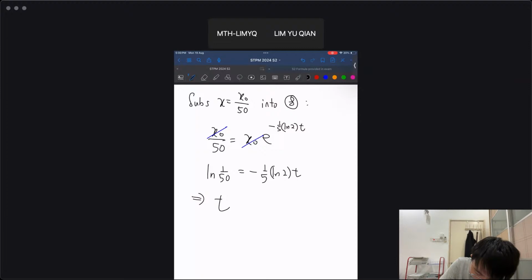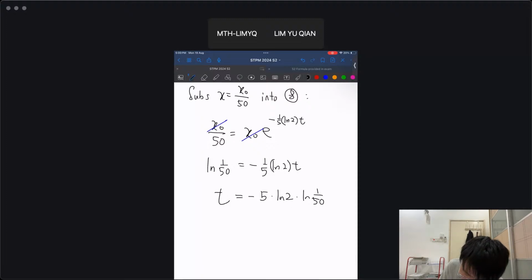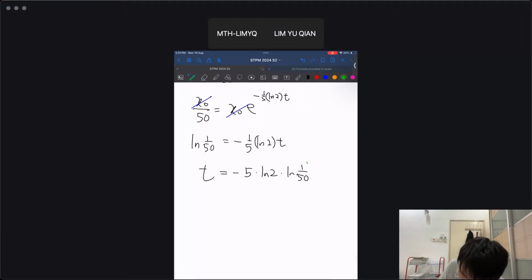So t equal to negative 5 times ln 2 times ln 1 over 50. If you like, using the same reason, this is 50 to the power negative 1, and the negative 1 can take down. Negative power can be taken to the front, so remove the negative 1.